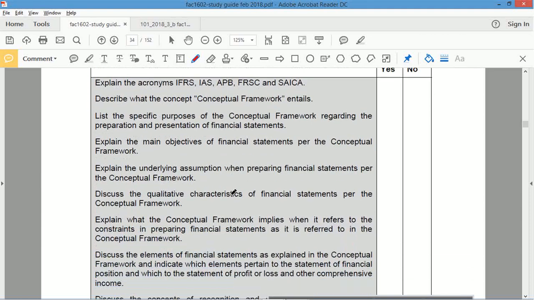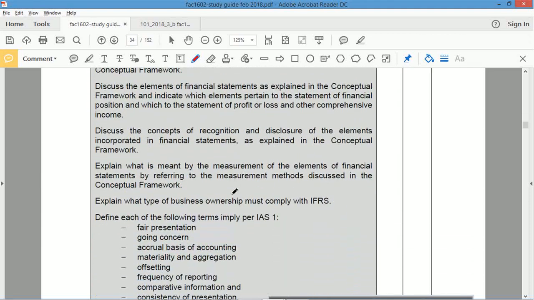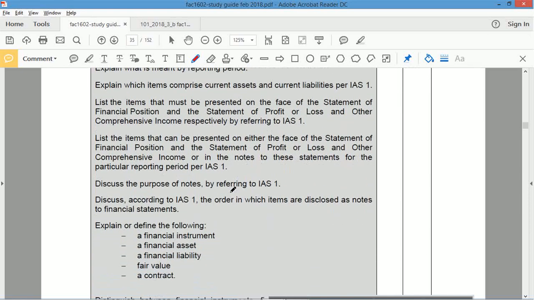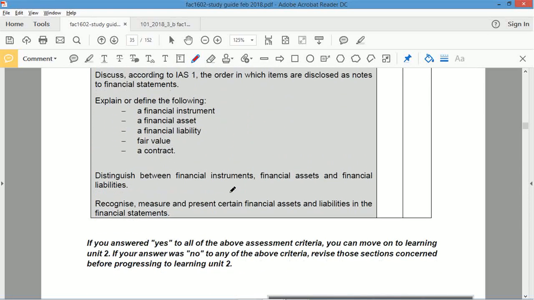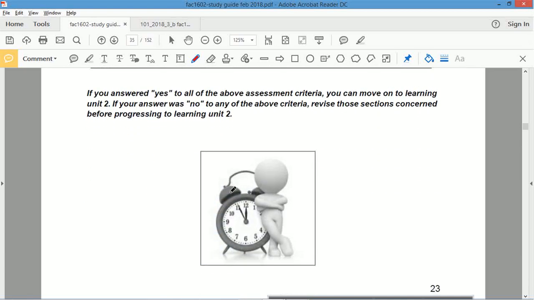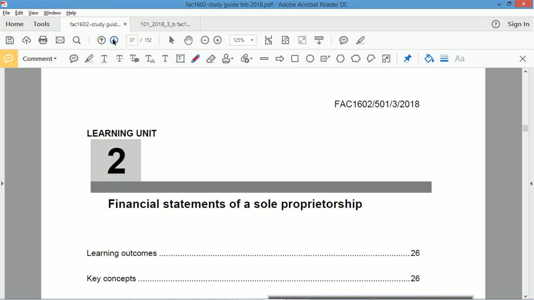And there we go. That's the end of Chapter 1. So Chapter 1 in terms of scope, from a 1602 point of view, most important here is, do you know what a financial asset and financial liability is? Do you know how to adjust the fair value in terms of increasing or decreasing the balance?